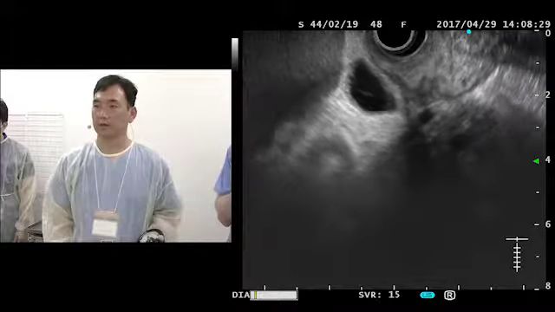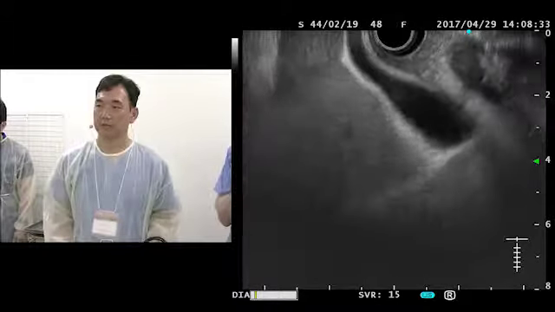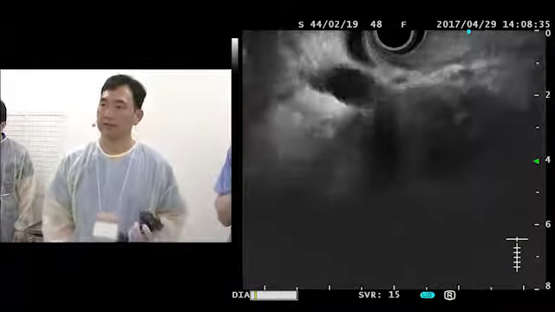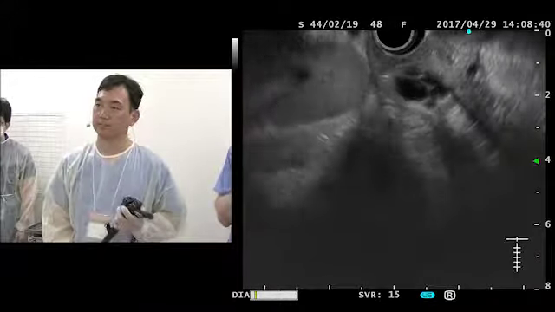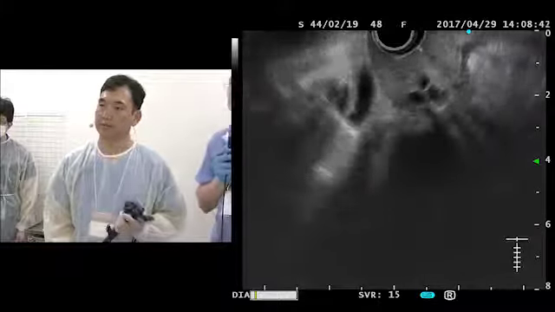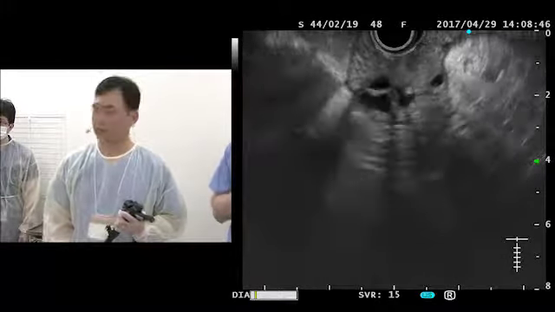This is the infundibulum of the gallbladder. And actually, the gallbladder did not contain any stones or wall thickening. The gallbladder size is normal. And an incidental finding is the cystic structures within the wall of the duodenum. And if you do the Doppler flow, there's no flow.